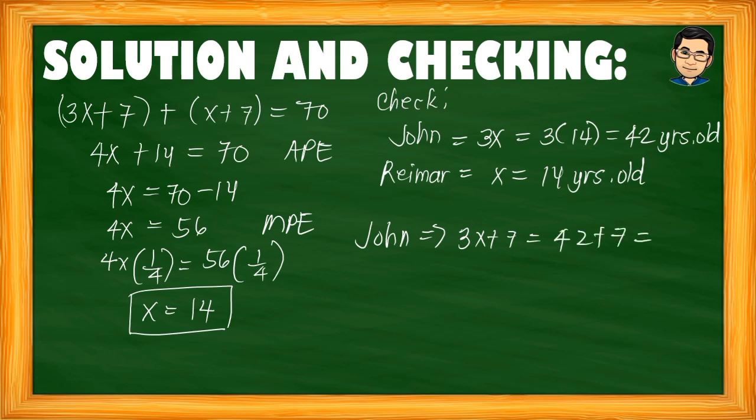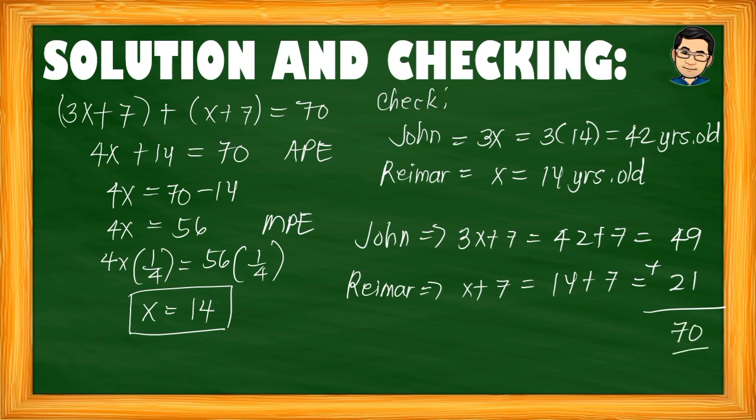So, ang edad niya, 7 years from now, will be 49. And then, kay Reimar naman, so x plus 7, so that will become 14 plus 7, so that is 21. So, 21 years old na si Reimar 7 years from now. And then, i-add natin yung nakuha nating edad, 49 tsaka 21. So, our answer is 70.